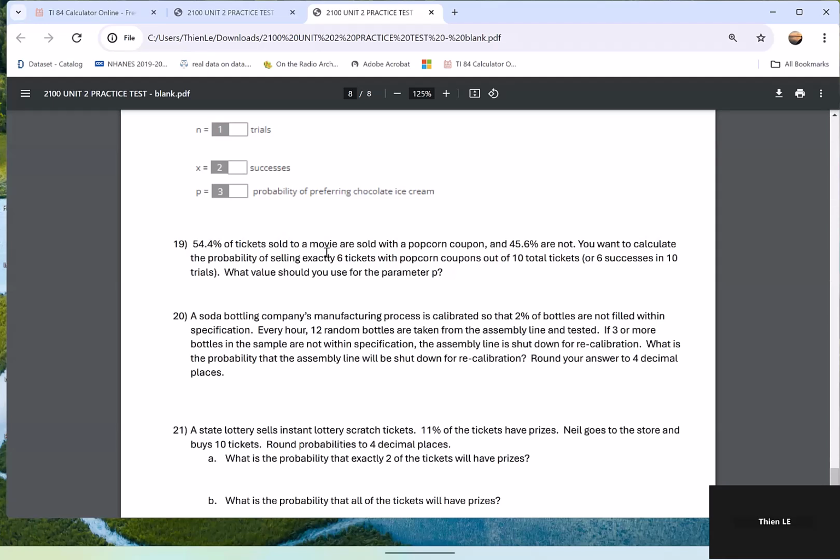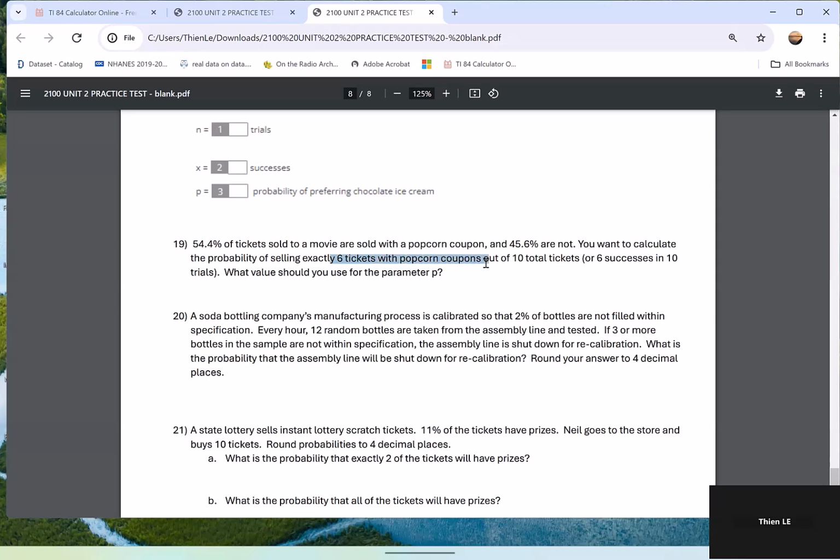You want to calculate the probability of selling exactly 6 tickets with a popcorn coupon, or 10 tickets, right? What should you use for parameter P? The event we care about here is tickets with a coupon.